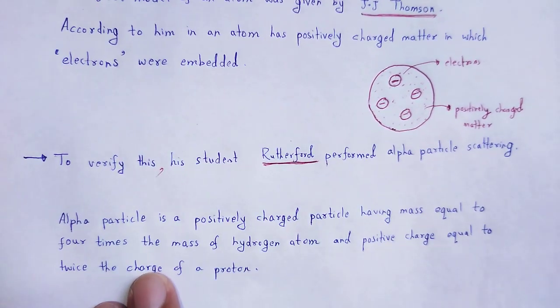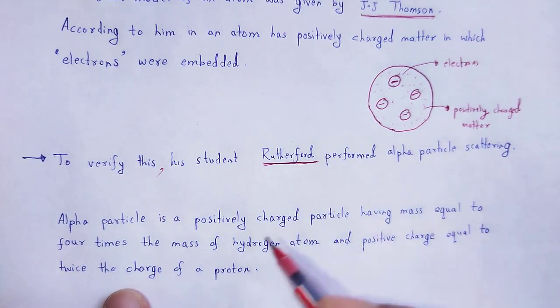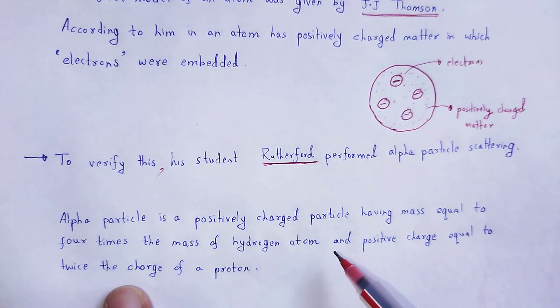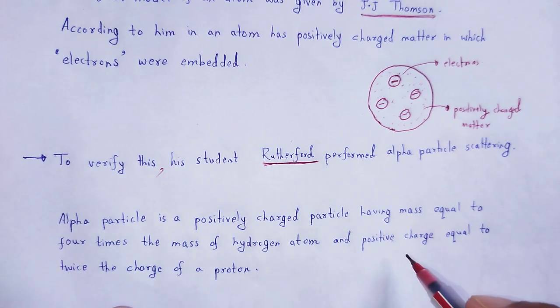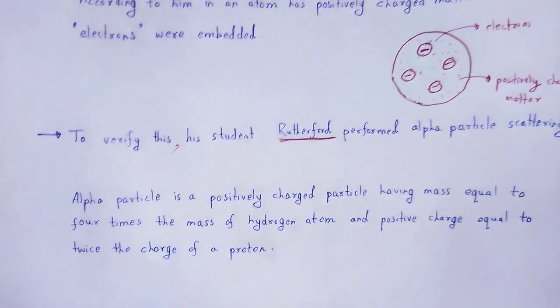An alpha particle is a positively charged particle having mass equal to 4 times the mass of hydrogen atom and positive charge equal to twice the charge of a proton.